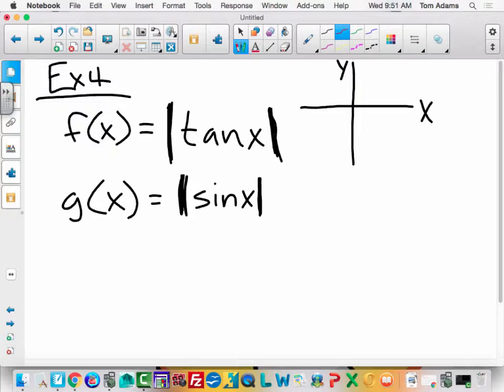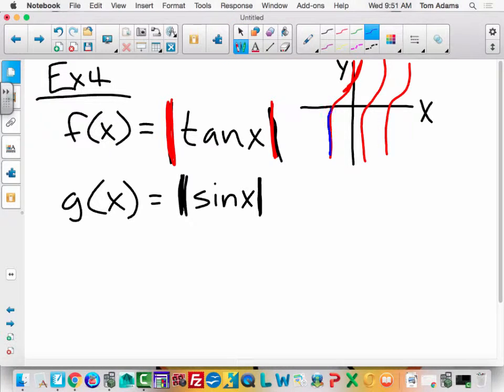So if it has a period of pi, it comes in like this, and then the next one is like this, and they never really cross. This is not the best drawing, but it kind of looks like this. Now, when I say the absolute value of tangent, what does that do with the corresponding y values? No negatives.